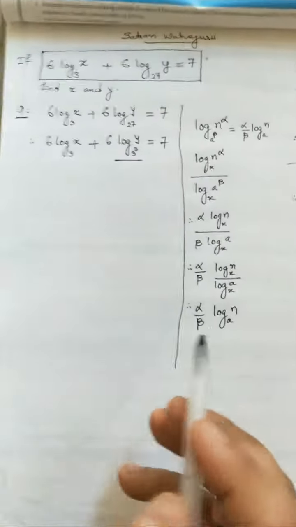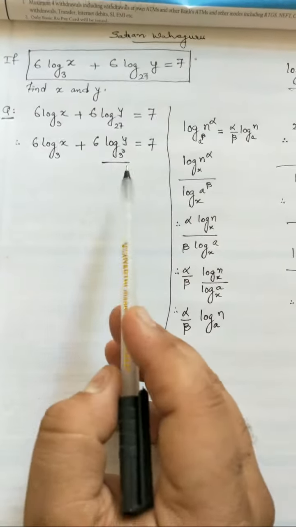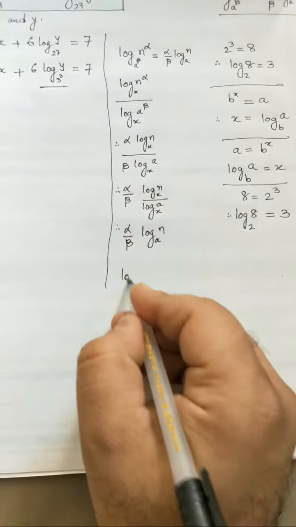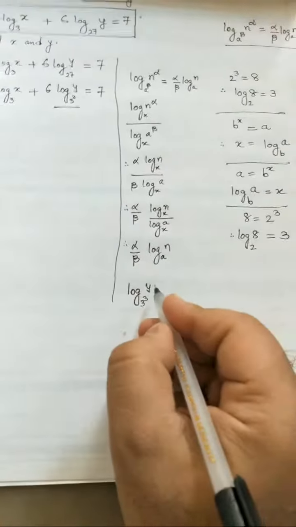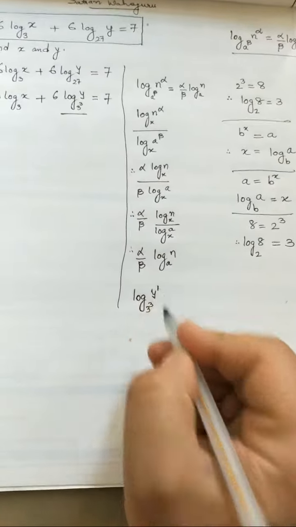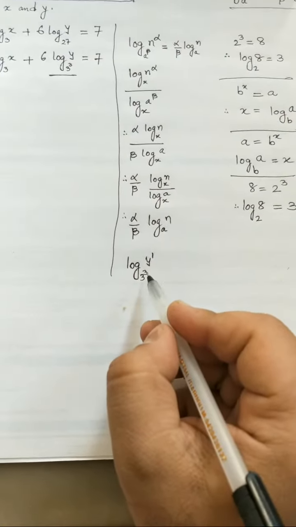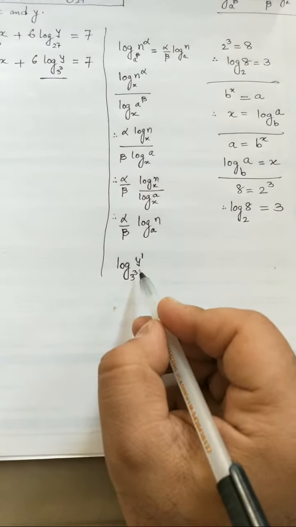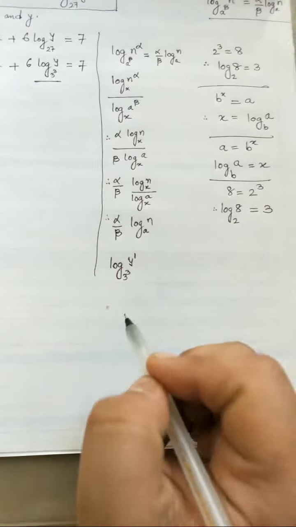Now you compare this with this, means this term is like this. Here it is log y to the base 3 raised to 3. Now y is not alone, it is y raised to 1, we can say that. Now this is your a, this is your beta, this is your n, and this is your alpha.